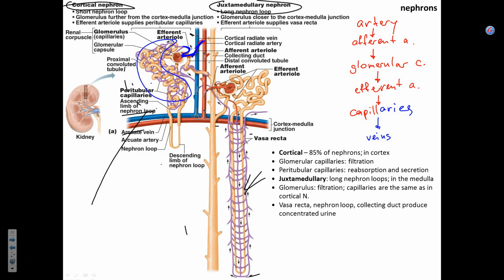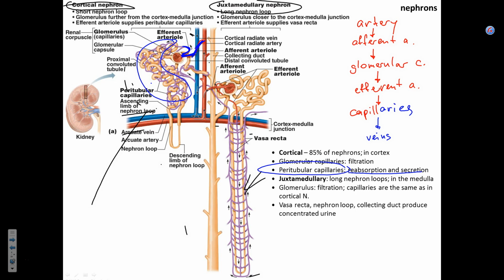So peritubular capillaries are found in the cortical nephrons. And they function simply in reabsorption and secretion of various compounds. We're clear.